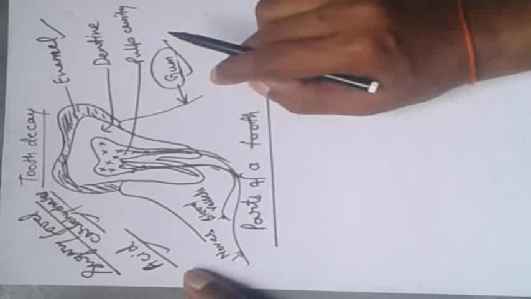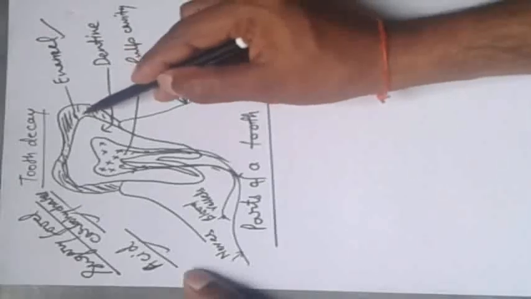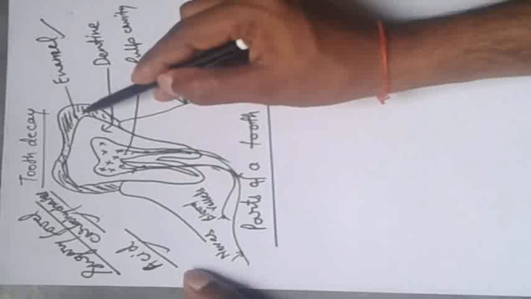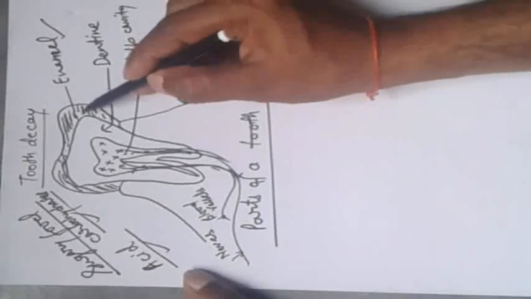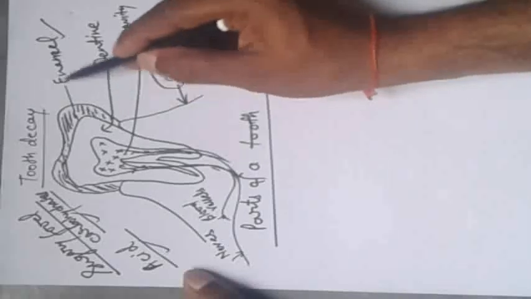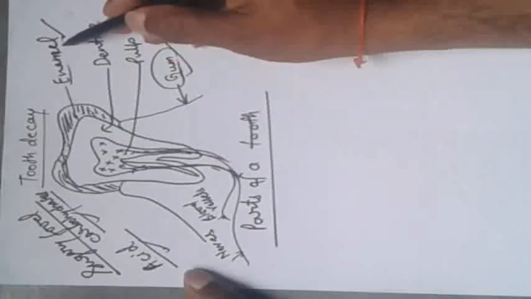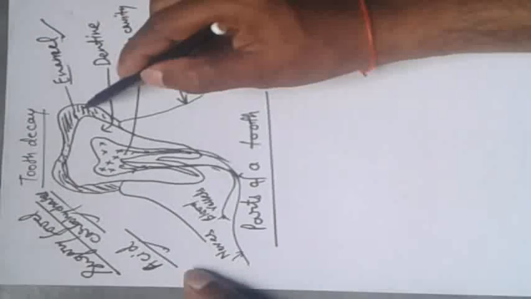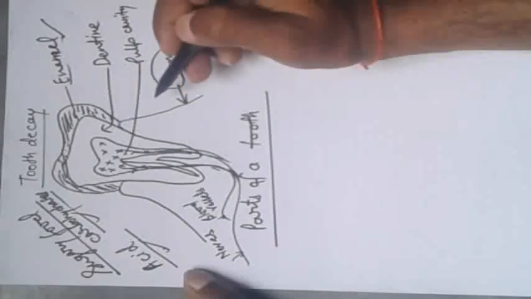This acid is responsible for destroying the upper clean or whitish part of our teeth, that is called enamel. It is hard in nature, and enamel provides protection to the various parts of the tooth.